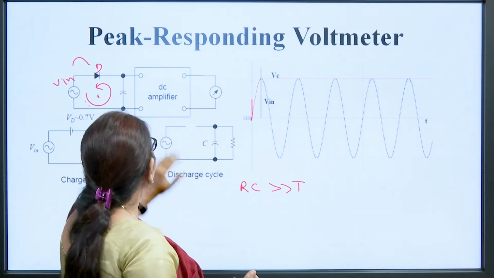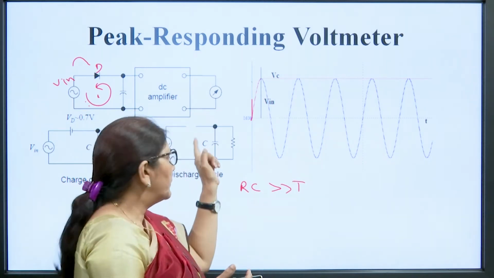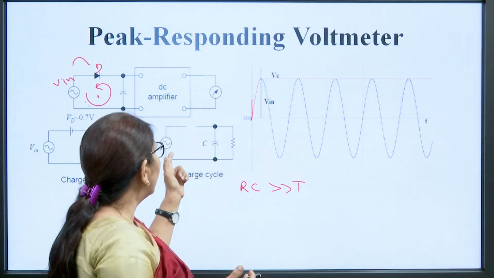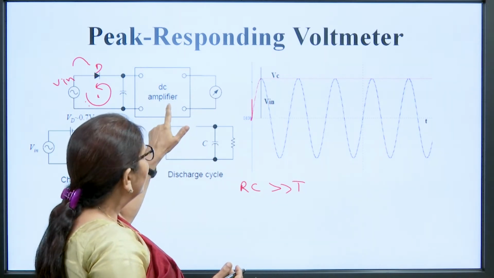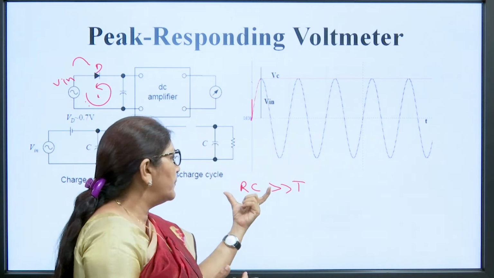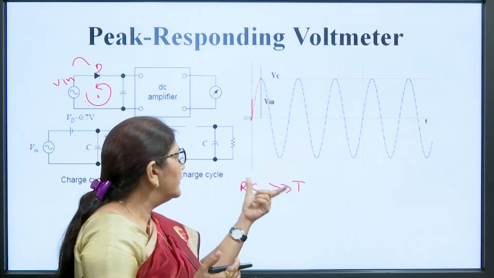In the discharging period, this diode will act as an open circuit, so there is no circuit completed and the capacitor will not discharge. The capacitor could discharge with a DC amplifier, but since the RC time constant is very high, the capacitor will not discharge.